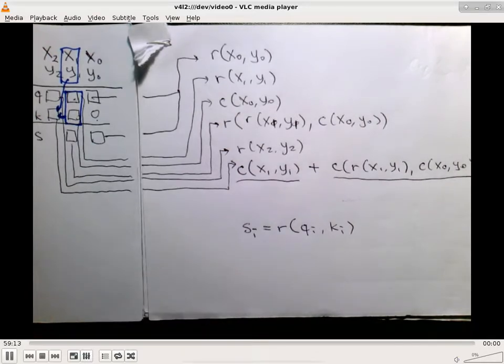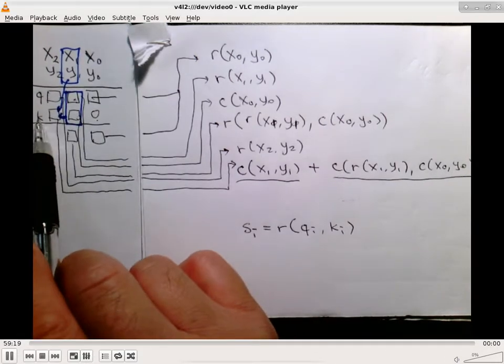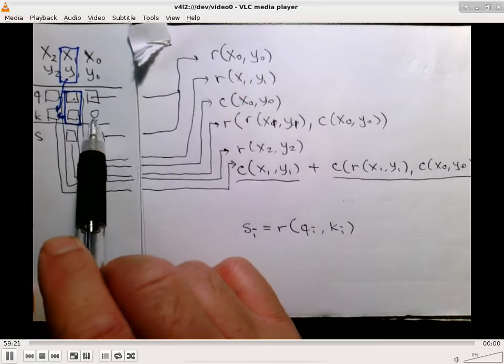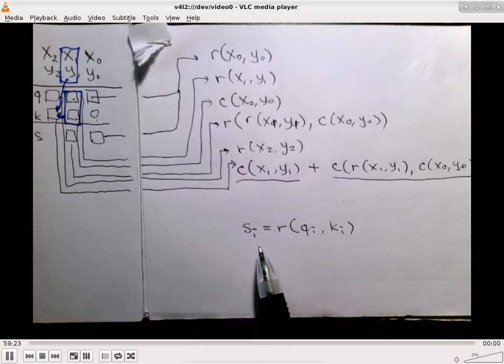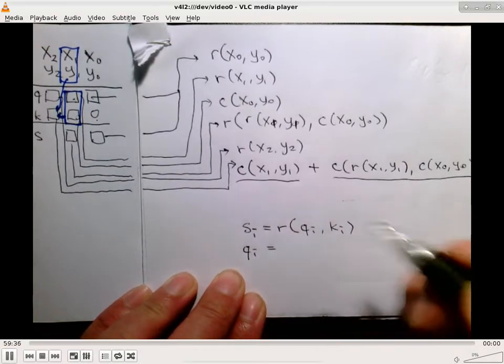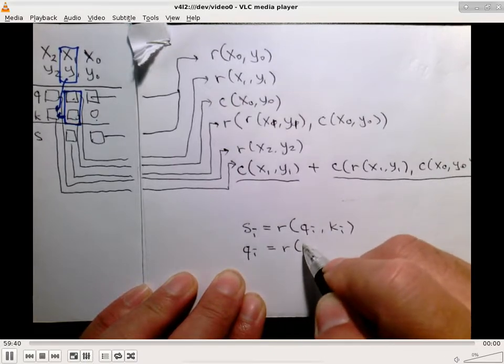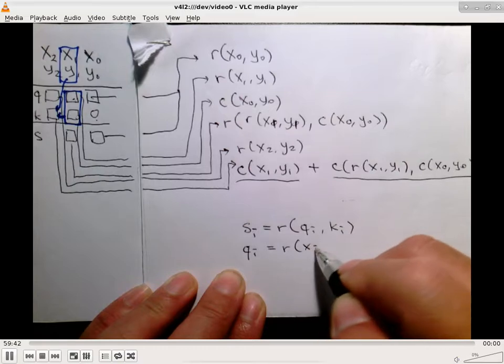If I label these three as Q2, Q1, and Q0, and these three as K2, K1, and K0, then the sum is pretty easy to deal with because I don't have to go all the way back to the original X_i and Y_i. Is that okay? What about Q itself? Q_i is also pretty easy because Q_i is the result of adding the digits from the original numbers, which is X_i and Y_i.